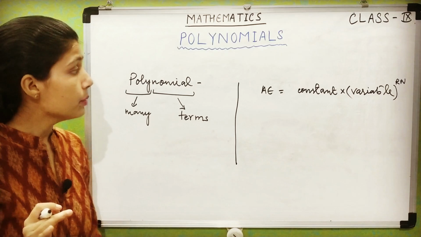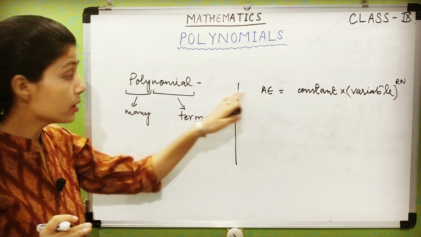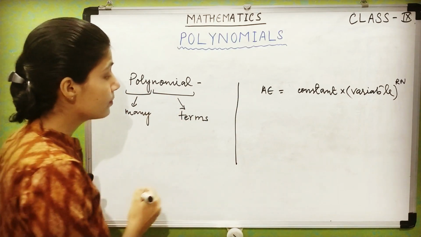There is a little difference between algebraic expression and polynomial. What is it?